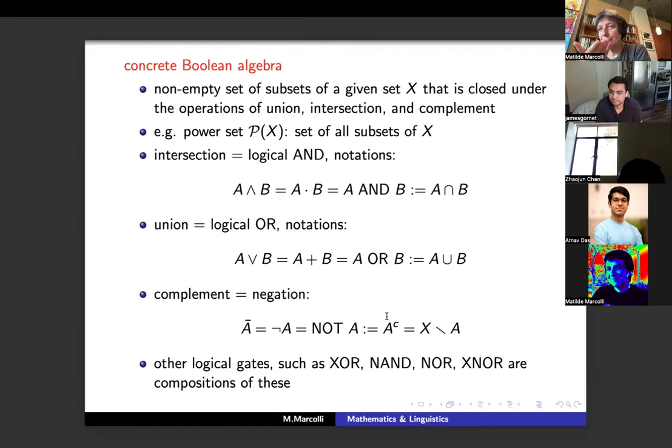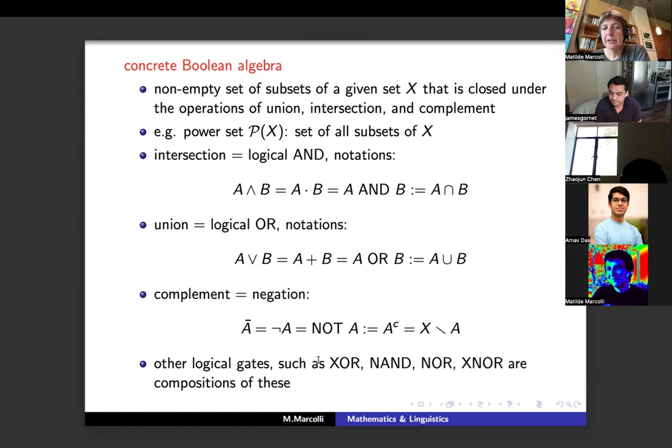The typical example of a Boolean algebra is the power set of a given set, the set of all possible subsets. And these are enough to give you all the basic logical operations, because the intersection of sets gives you the logical AND, the union gives you the logical OR, and the complement gives you the negation.